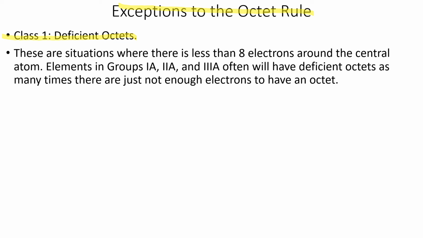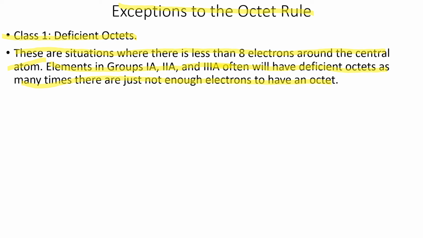So in a deficient octet, these are situations where you have less than 8 electrons around that central atom. And you'll sometimes find yourself in this situation when you're dealing with elements in group 1A, 2A, and 3A. These elements will often have deficient octets, as many times they're not going to have enough electrons.